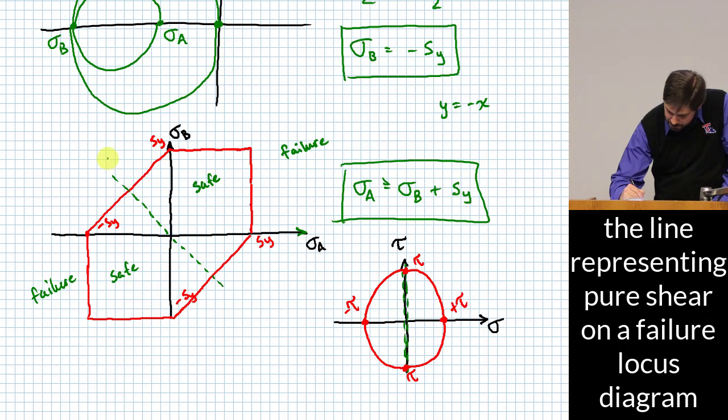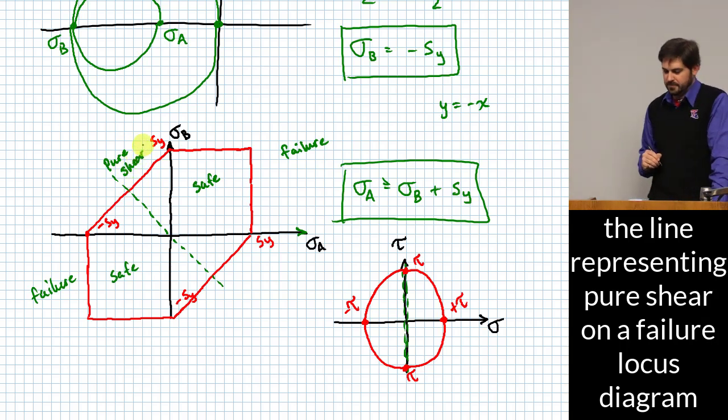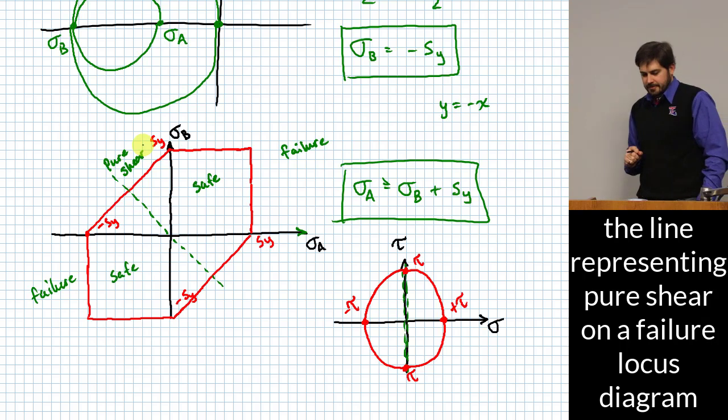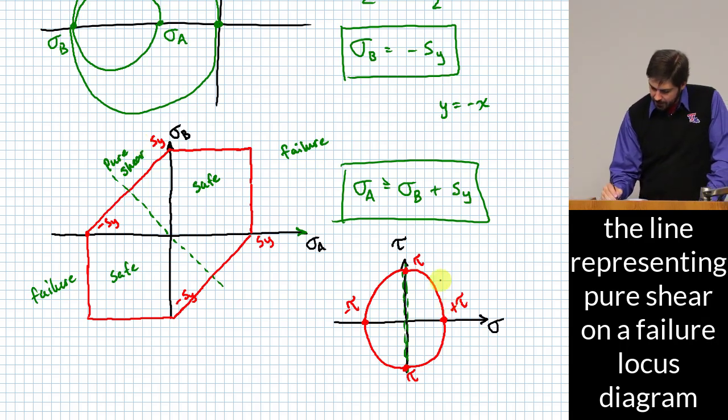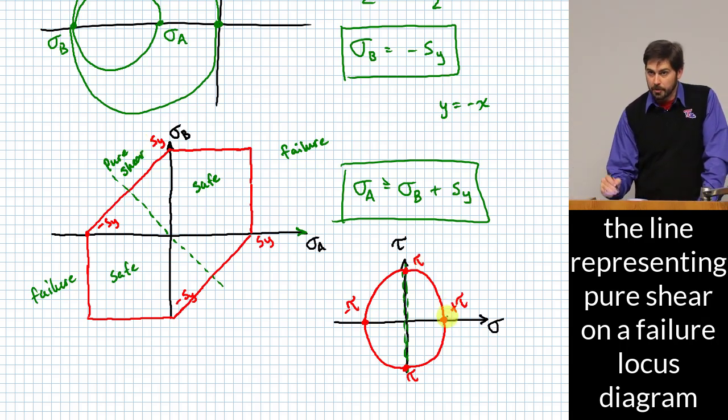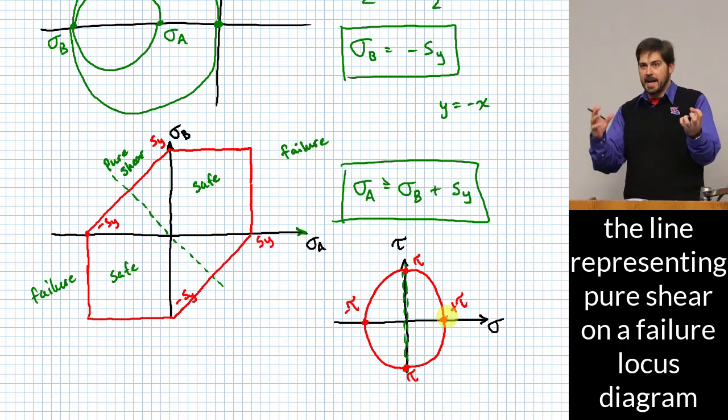Okay, this is pure shear. Why does that go through the origin like that, at that angle? How can we tell? We can tell because where we have a state of pure shear, our principal stresses, one is going to be the negative of the other.